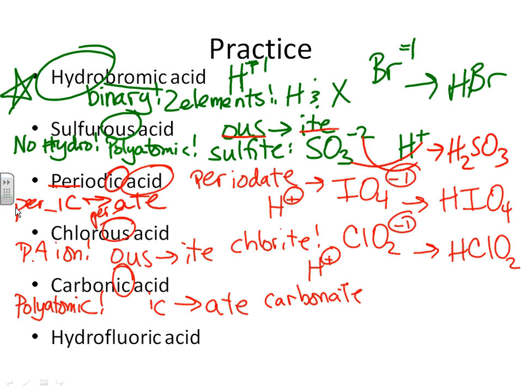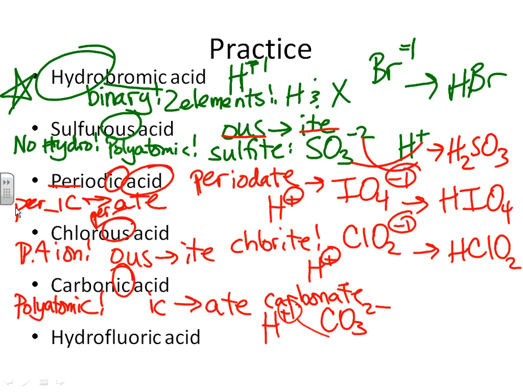Carbonate ion is CO3 with a charge of -2. Hydrogen is +1. So when we do the crisscross method, H+1, CO3 -2, I'm going to need 2 hydrogens to balance out the -2 charge. Carbonic acid is H2CO3.